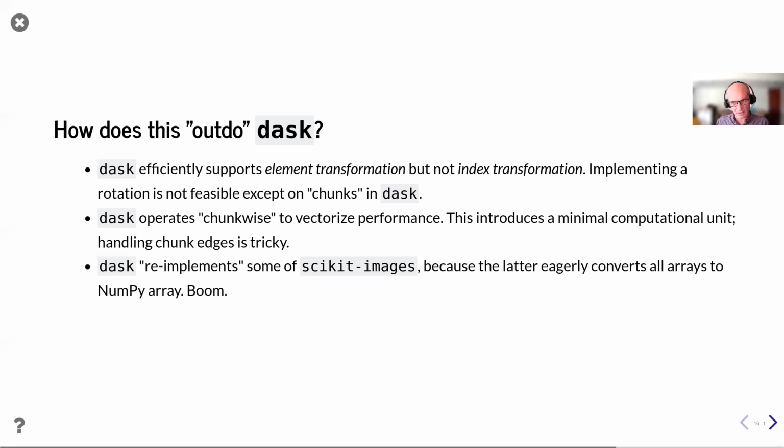And so if you accidentally pass a terabyte sized Dask array directly to a scikit-image routine, boom, there goes your entire laptop or your entire computer, because it's now just tried to allocate a 1 terabyte array in actual RAM of the machine, and your machine may not be up to that kind of task, right?